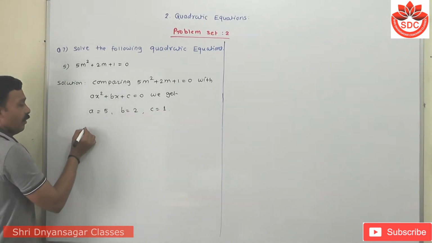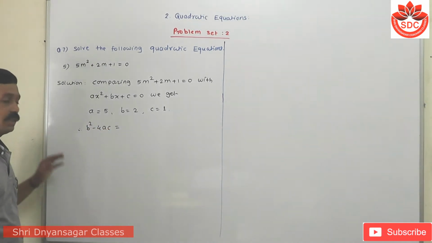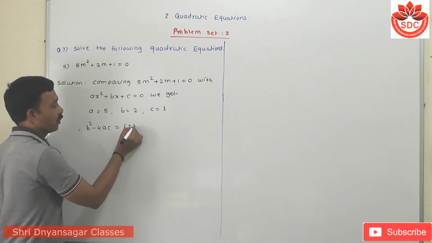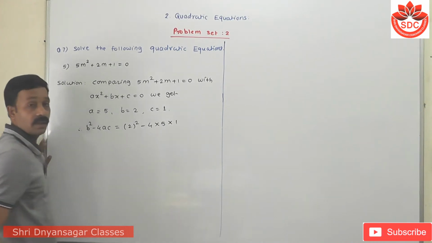Then I have to find the value of b square minus 4ac, which is the value of b is 2 square minus 4 into a is 5 into c is 1.